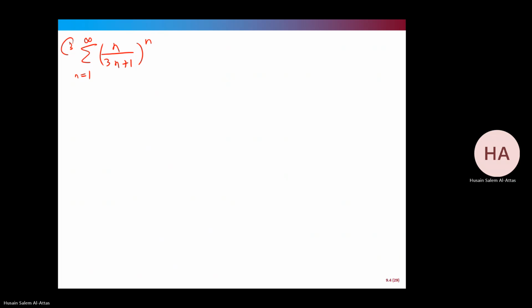Okay. I know that 3n is less than 3n plus 1, because this has plus 1. And so 1 over 3n plus 1 is less than 1 over 3n.